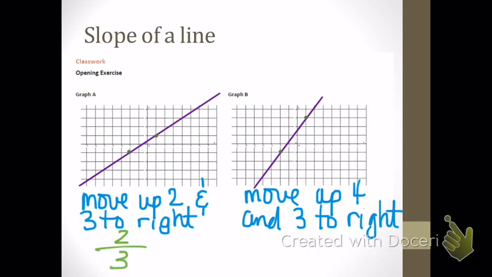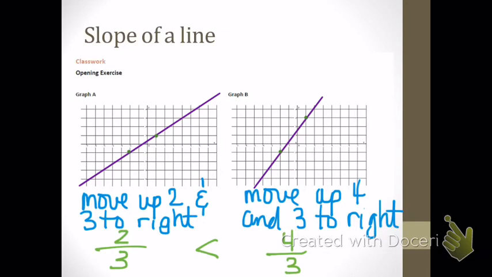And in the case of graph B, I went 4 units up and 3 units over. All right, and then if I compare those two ratios, I can see that the ratio for moving between 2 points on graph A is less than the ratio on graph B.